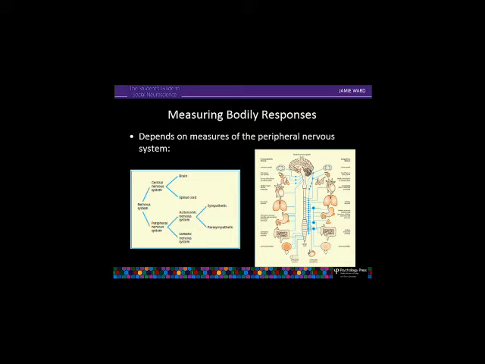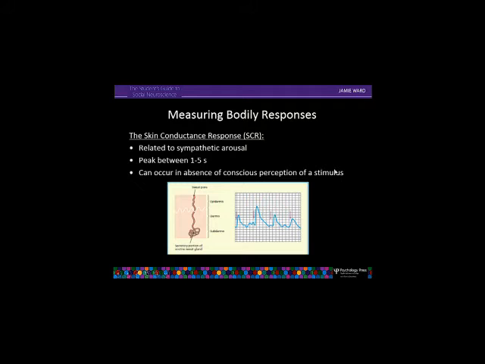So the peripheral nervous system is obviously the eyes, the body, and so on. So again, measuring heart rate, measuring respiration, and so on. These are measures of the peripheral nervous system, but with the general assumption that they're being influenced by something centrally. So this is our skin conductance response here.